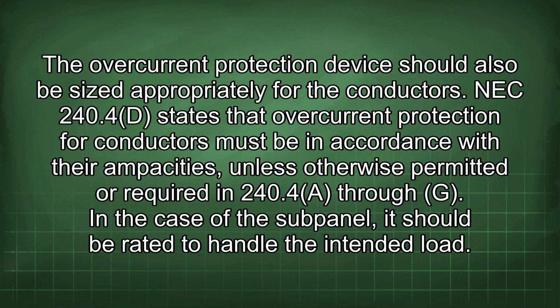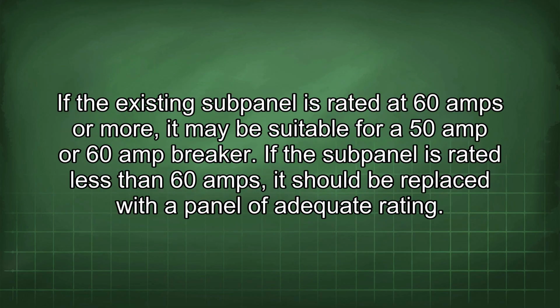NEC 240.4(D) states that overcurrent protection for conductors must be in accordance with their ampacities, unless otherwise permitted or required in 240.4(G). In the case of the subpanel, it should be rated to handle the intended load. If the existing subpanel is rated at 60 amps or more, it may be suitable for a 50 amp or 60 amp breaker.